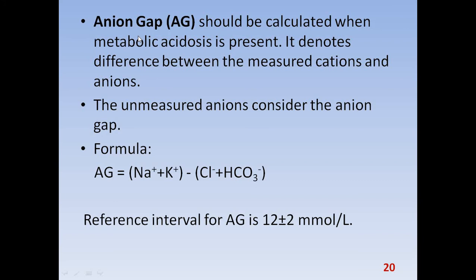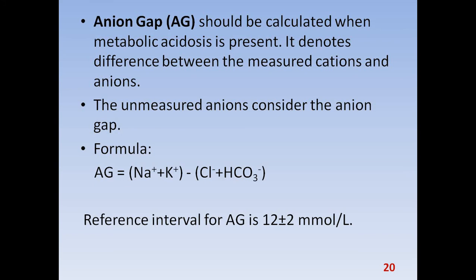Now we'll go to anion gap. Anion gap should be calculated when metabolic acidosis is present. It denotes the difference between the measured cations and anions, and it signifies the unmeasured anions.